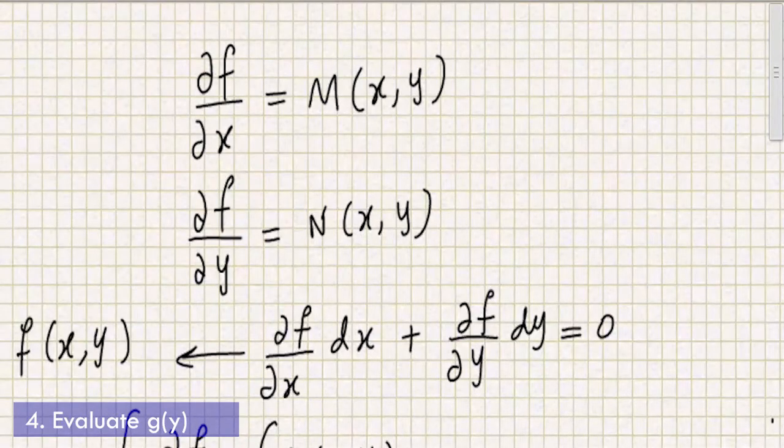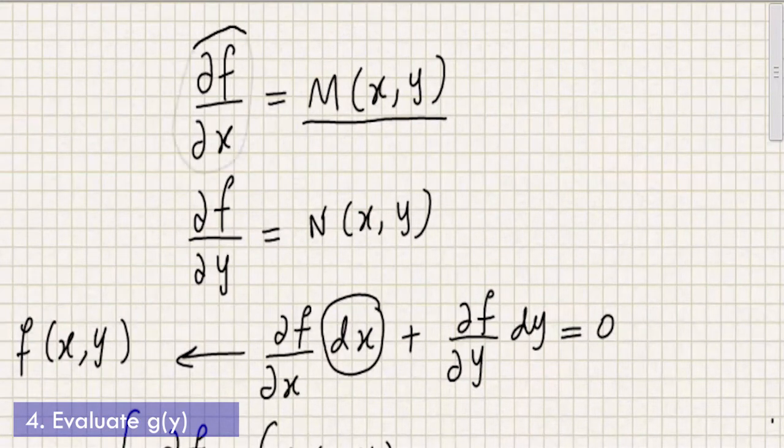We use the definition of the exact equation, that the first part, which is written along with dx, is actually a partial derivative of an unknown function f with respect to x, and that unknown function f is the function that we are interested in finding out.